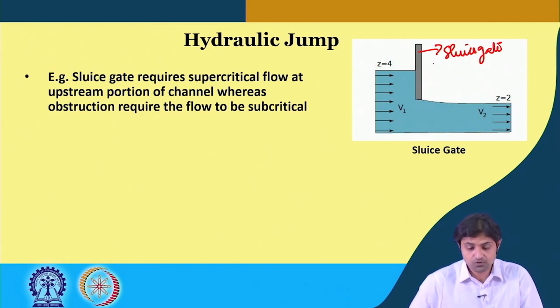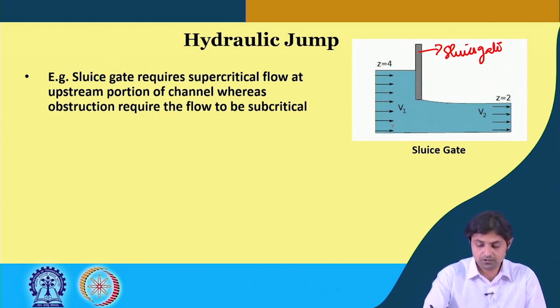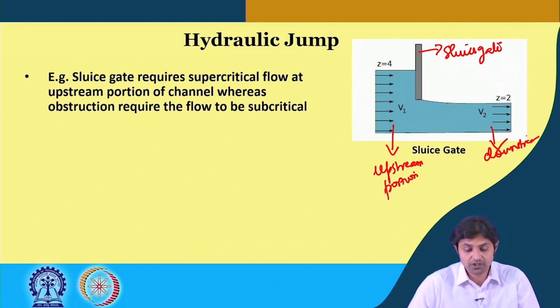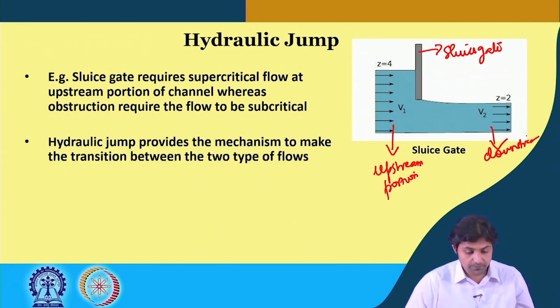This requires supercritical flow at the upstream portion, whereas the obstruction at the downstream portion requires the flow to be subcritical. Okay. This phenomenon called hydraulic jump provides the mechanism to make the transition between the two types of flows.